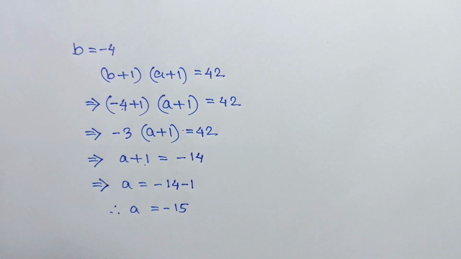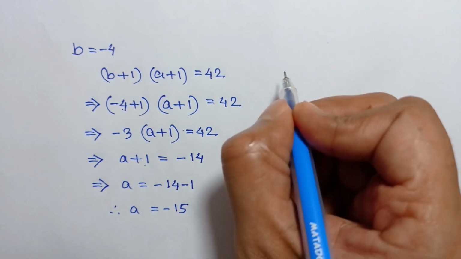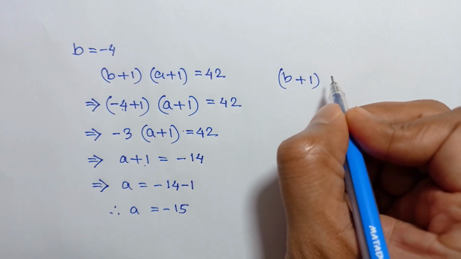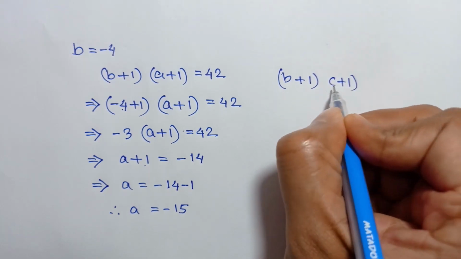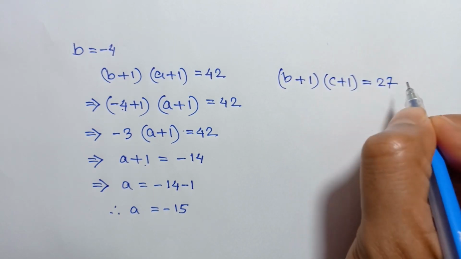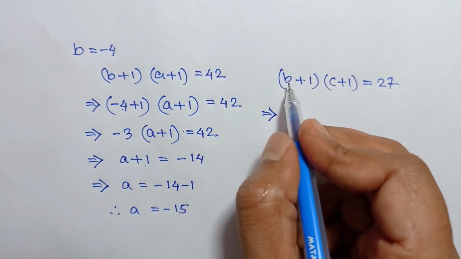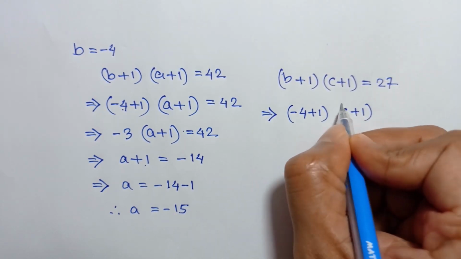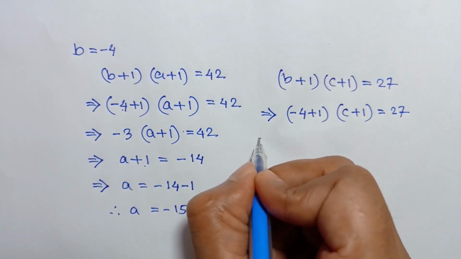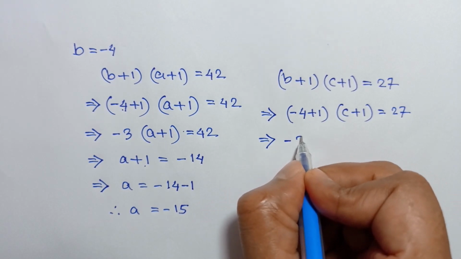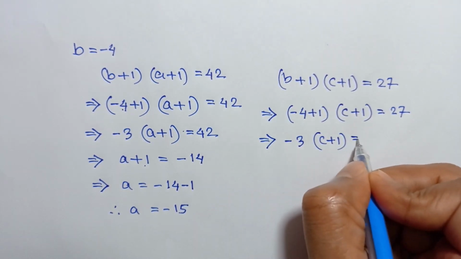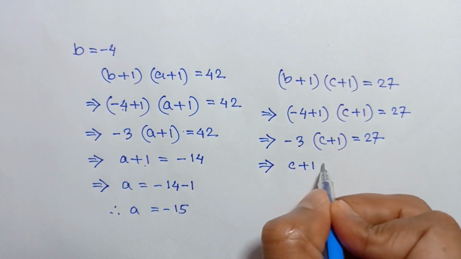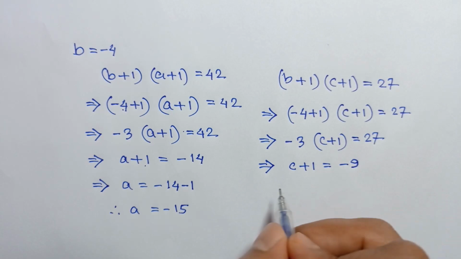And from equation 5, (b + 1)(c + 1) = 27, or substituting the value of b = -4, (-4 + 1)(c + 1) = 27, or -4 + 1 is -3 times (c + 1) = 27. Dividing both sides by -3, we will have c + 1 = -9.